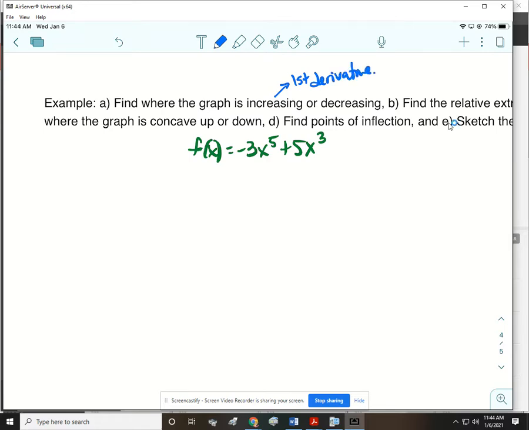All right, so let's just start off and find the first derivative. And what we want to do from that first derivative is find the critical numbers. So we want to find where the first derivative is 0.